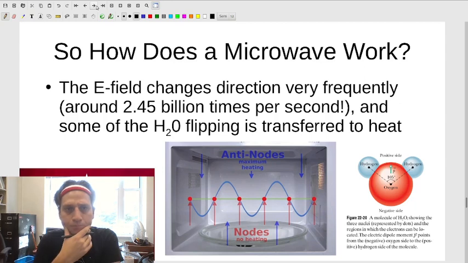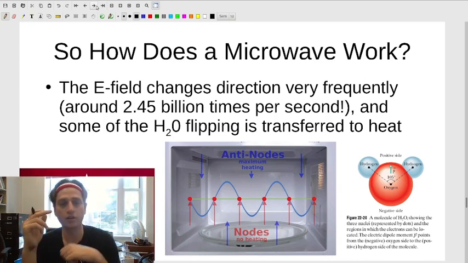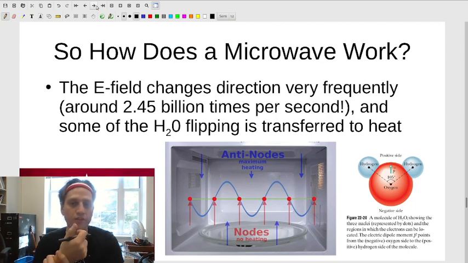Okay, so at the very end of last time, we talked a little bit about how microwaves work, where your electric field is flipping back and forth and back and forth about 2.45 billion times per second.